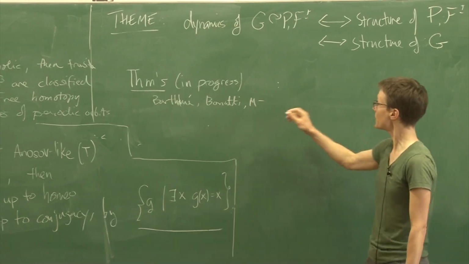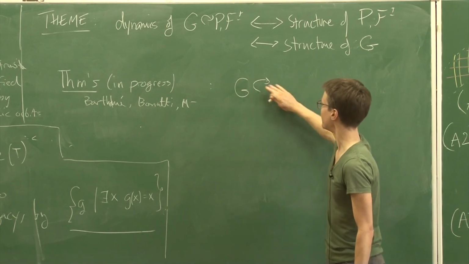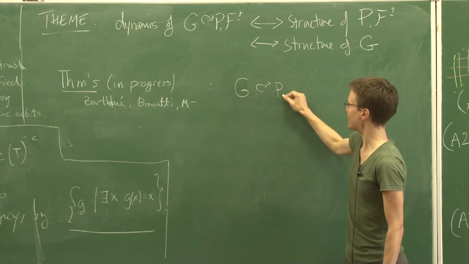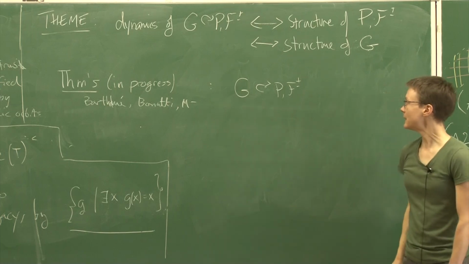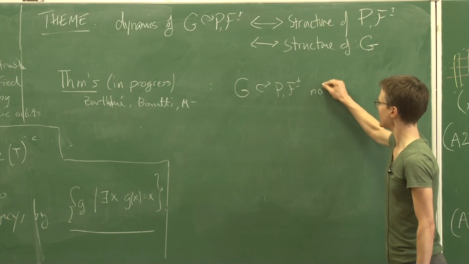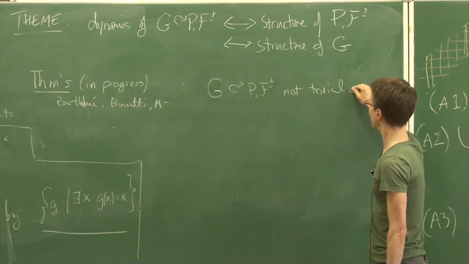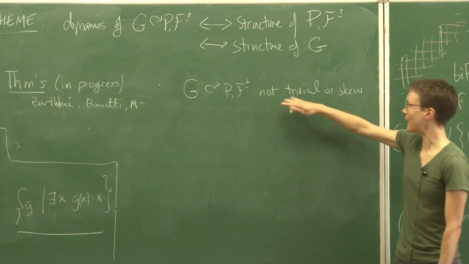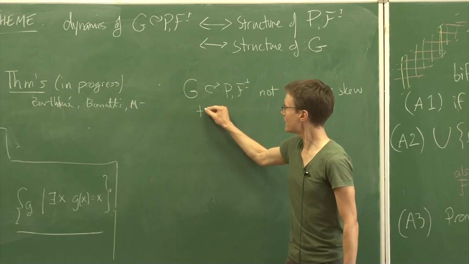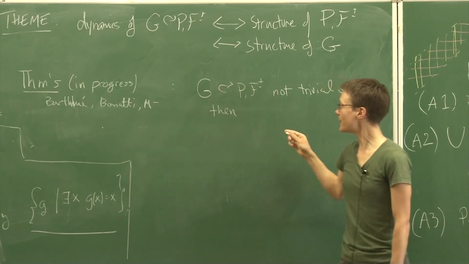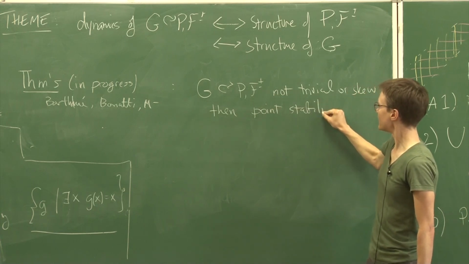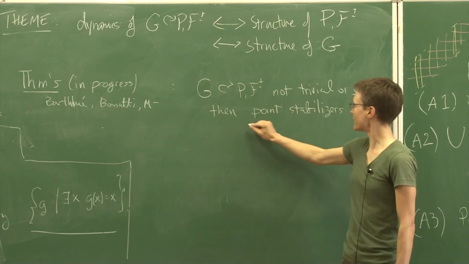For any Anosov-like group action, so that'll be my standing assumption, G has an Anosov-like group action on a bifoliated plane. If this bifoliated plane is neither trivial nor skew, okay, so I eliminate the two previously well-studied easy cases, then no matter what, point stabilizers are virtually cyclic.